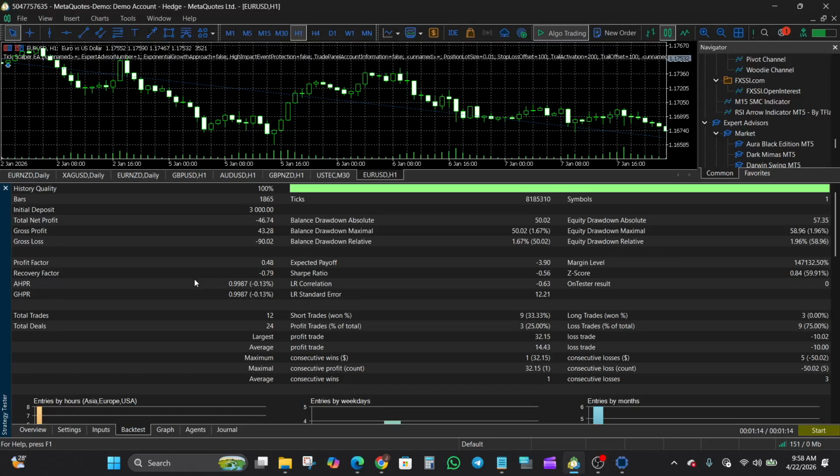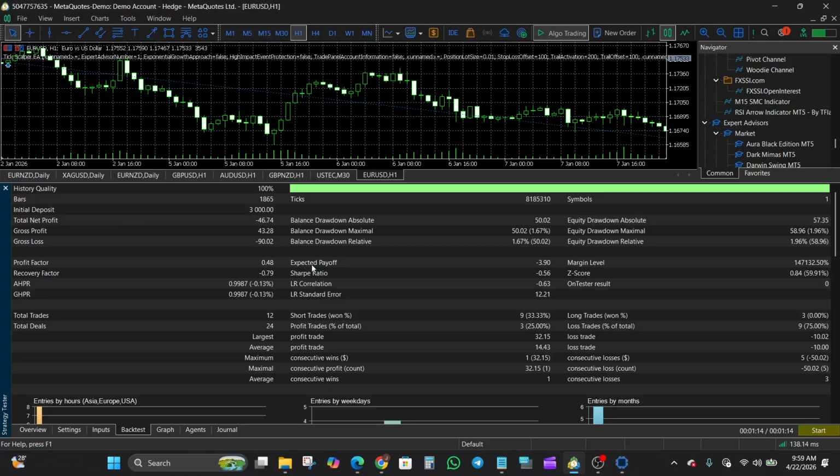All right, so there were only 12 trades executed, 9 short trades, only about one third of the trades were profitable. And then we have 3 long trades, none were profitable. The net profit was negative $46.74 in loss out of an initial deposit of 3,000 US dollars.